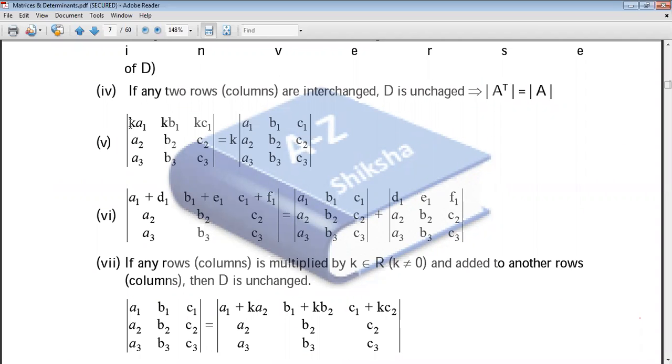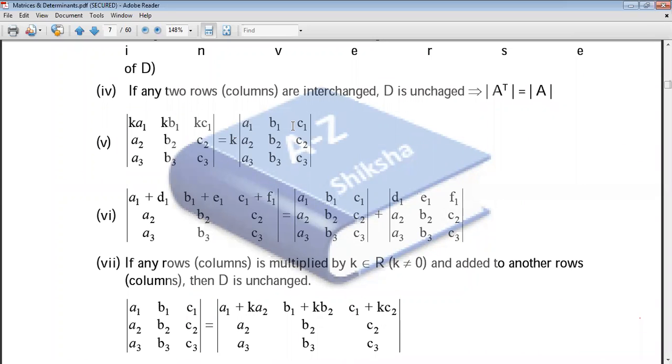The particular constant is coming outside. Here you can see the right hand side. The constant is coming outside as k, and from that particular row the k will be eliminated, isn't it? See the right hand side, no k in the first row, other rows are the same. If a particular row is multiplied with the same constant, then the same constant comes outside, and from that row the constant is eliminated.